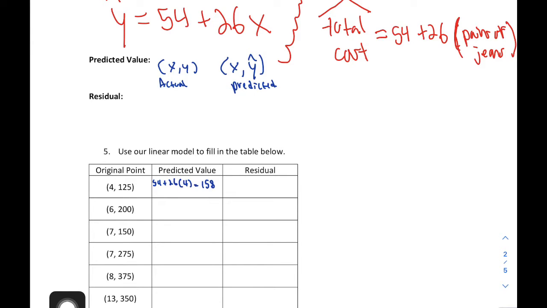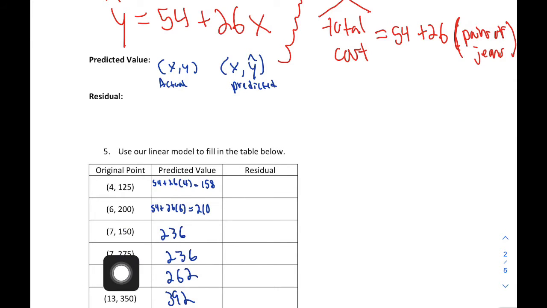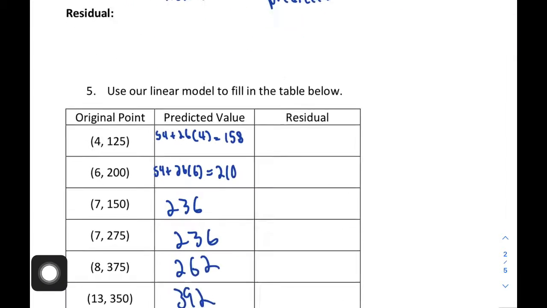If I keep going with that, for my equation over here, 54 plus 26 times 6 equals... Alright, so I filled in the table there, and all I did was plug these x values, 4, 6, 7, 7, 8, 13, into our linear regression equation, and we got the predicted values.